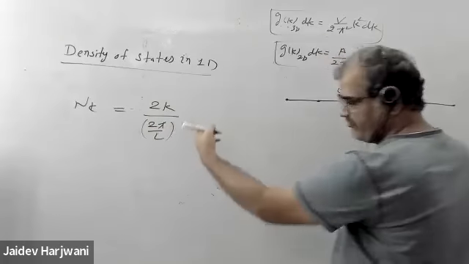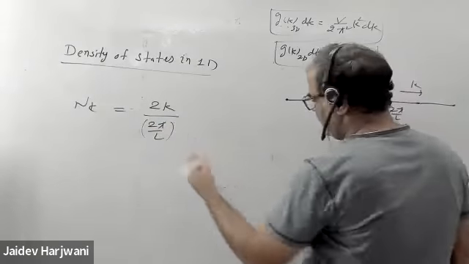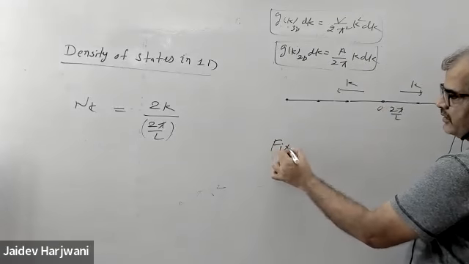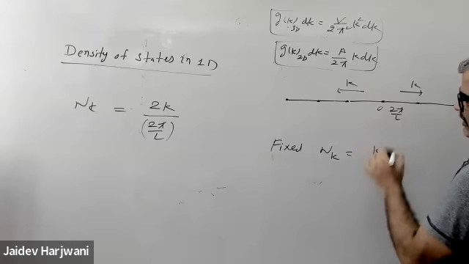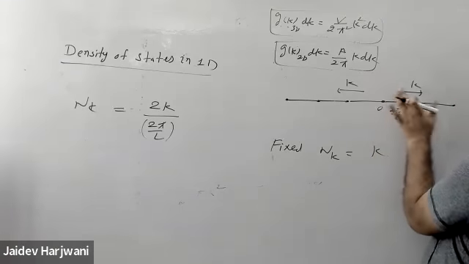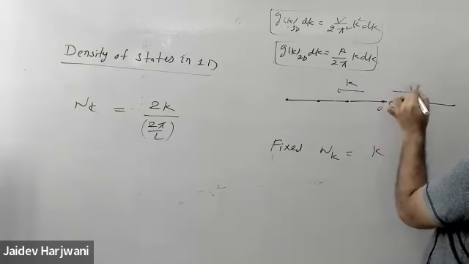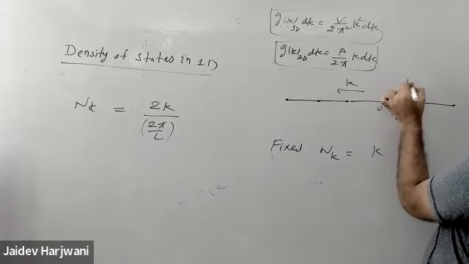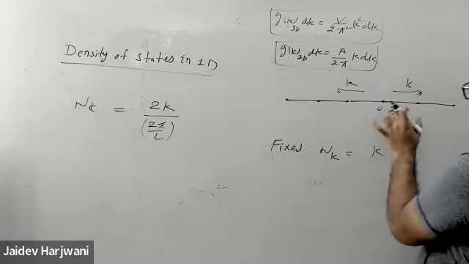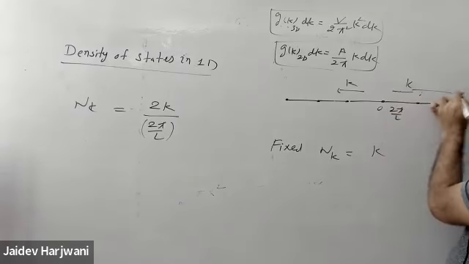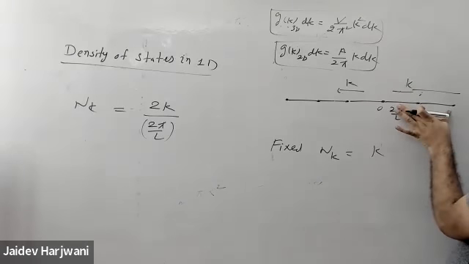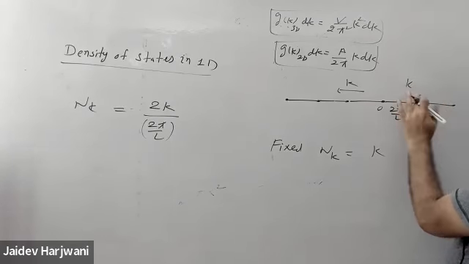Now similarly, this is for periodic. If I do it for fixed boundary condition, again if I take N_k, my length will be only the positive k range. If this k is up to here, then 2 states come in.